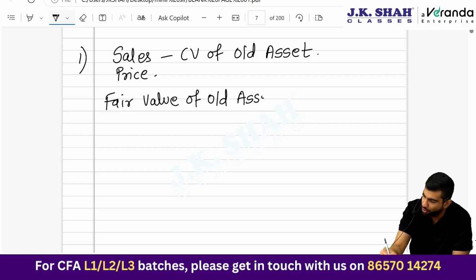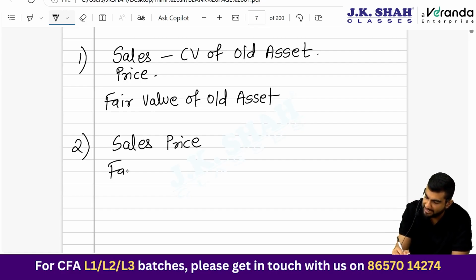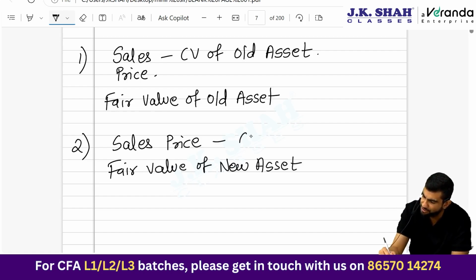If that is not known, go to step 2. In step 2, you take sales price as fair value of new asset. And carrying value of old asset remains constant because that is known.